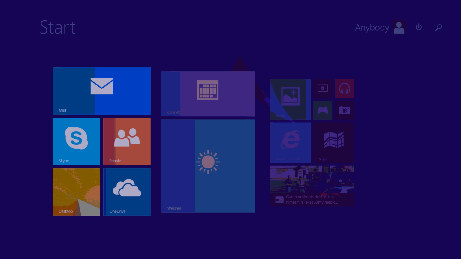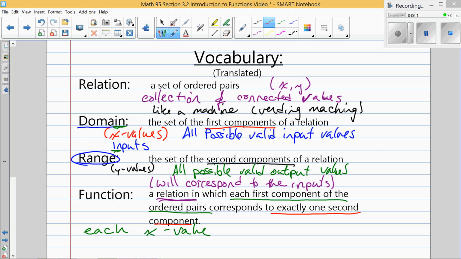Those are the y values. So each x value has exactly one y value.